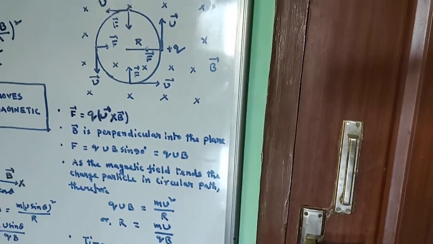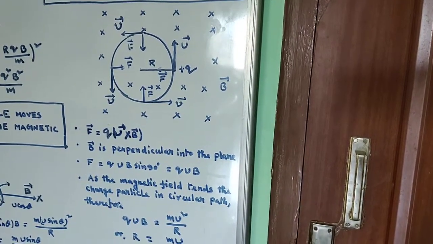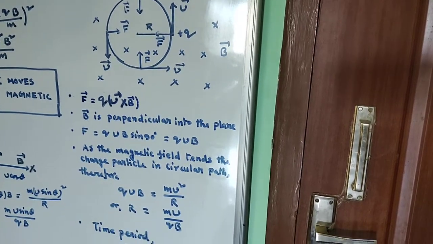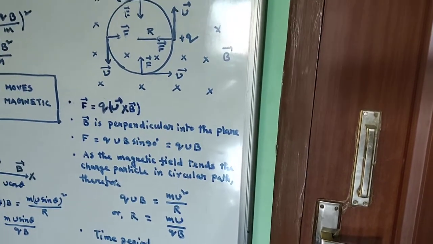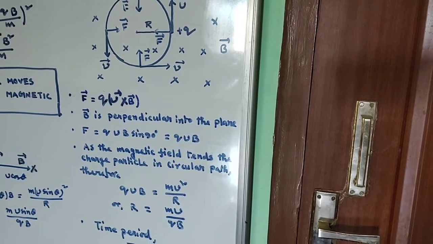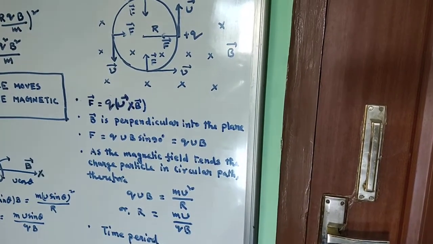The centripetal force expression we already know, mv square by r, where r is the radius of the circular path, and the magnetic force is qvB. From this expression we can define the radius of the circular path. The radius depends on the mass of the charged particle, velocity of the charged particle, charge of the charged particle, and the magnetic field.